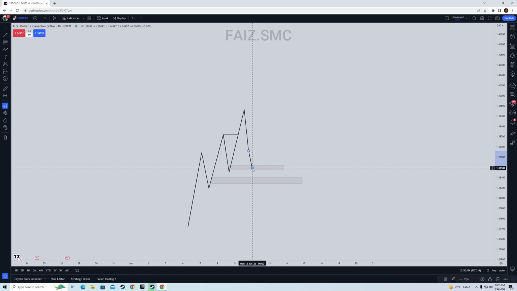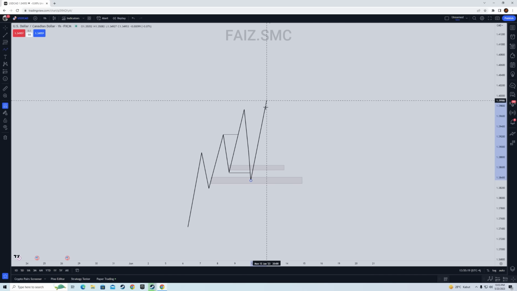No, most of the time it's going to come back lower, take out this low right here and react from the previous leg. So you have A, B, C, D, and as you can see, price might reverse from here.